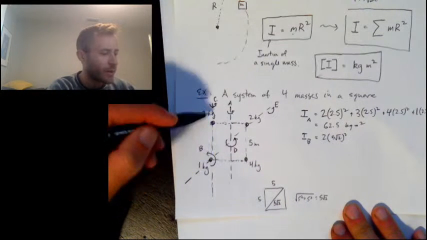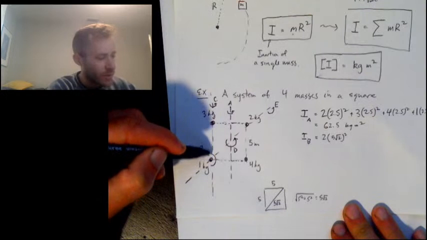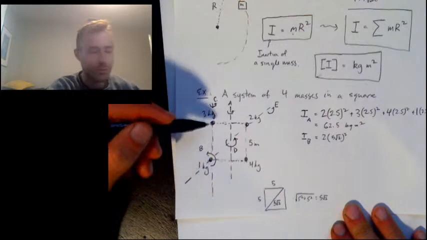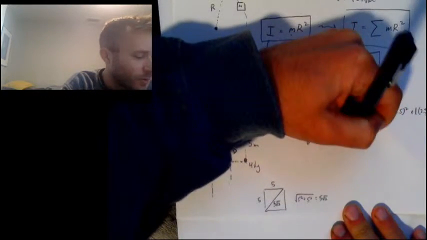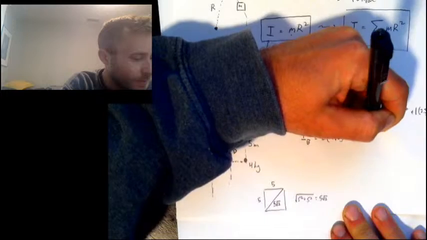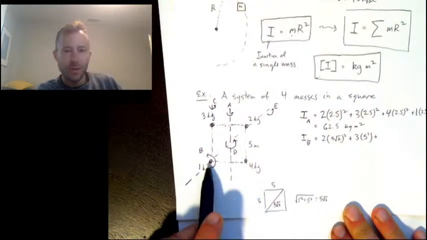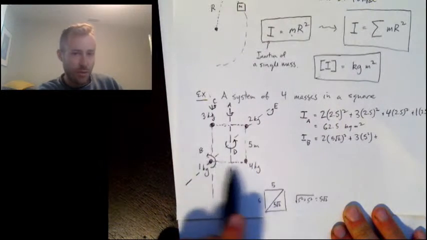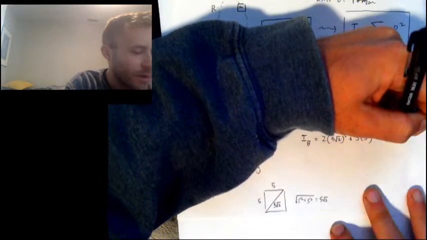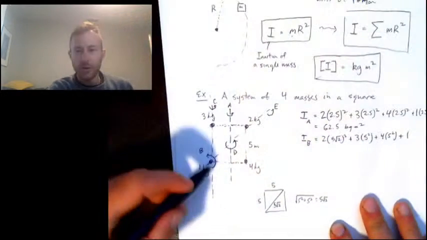If I look at the 3 kilogram mass, it's just one side length of the square away. So it's going to be plus 3 times 5 squared. And then the 4 kilogram mass is also just a side length away from the axis of rotation. So I have plus 4 times 5 squared. And then lastly, I have the 1 kilogram mass.